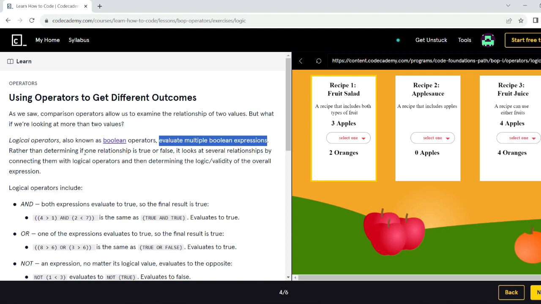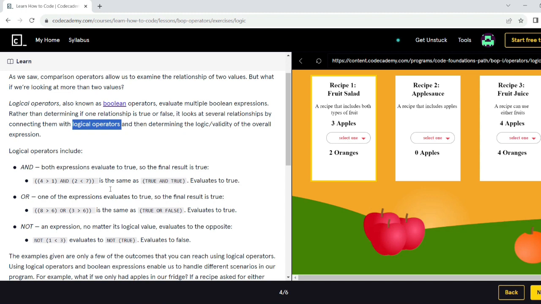So instead of looking at whether one relationship is true or false, as in the case with the fruit salad examples, we're going to look at several relationships simultaneously, relating those relationships with logical operators, with the same goal of determining whether the overall expression is true or false.